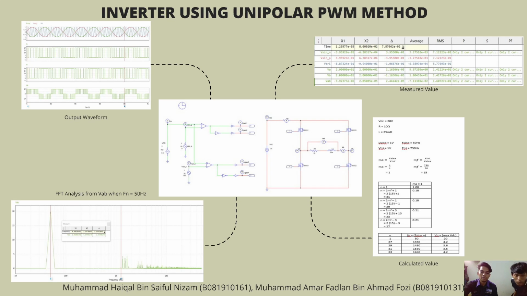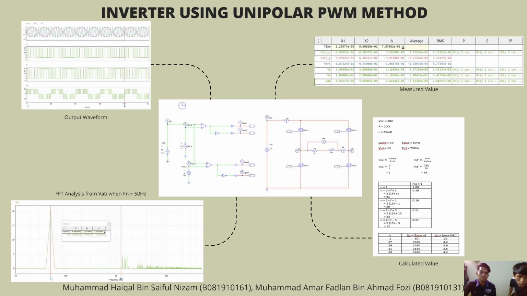So for the FFT analysis, the FFT analysis is run to see how much harmonics are in the circuit. As we can see in the calculated table, the calculated value and the measured value are equal.